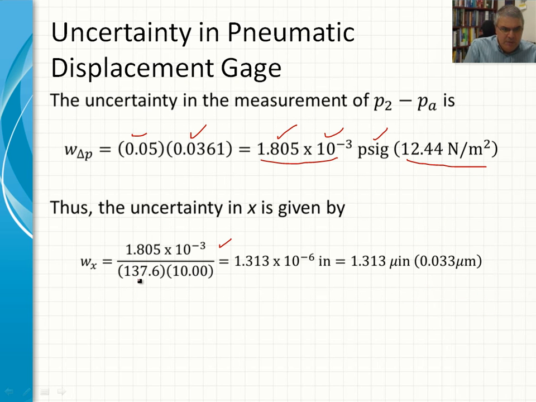It's going to appear down here, multiplied by 10, and this would pretty much be the result, 1.313 times 10 to the minus 6 inches, which is 1.313 micro inch, or 0.033 micrometer. Okay, so that would give us the uncertainty that is associated with this particular problem, and we show that as W sub X.